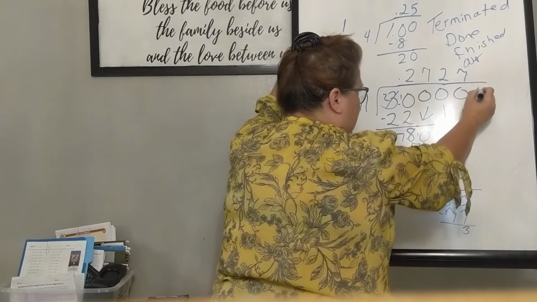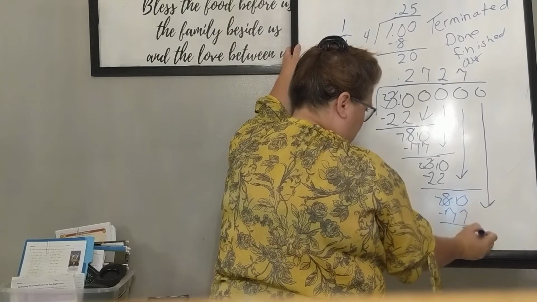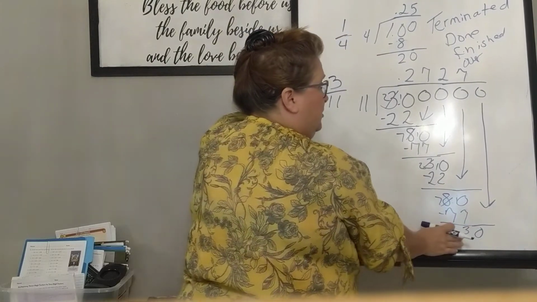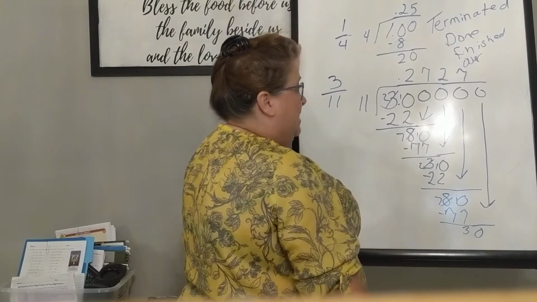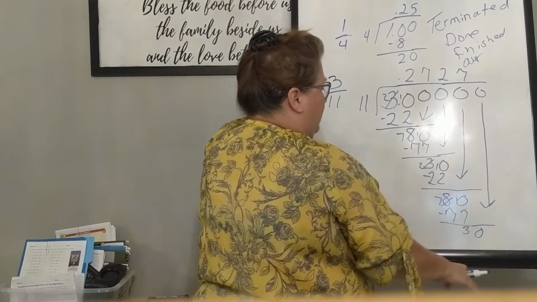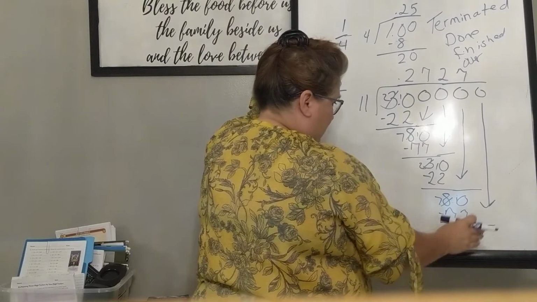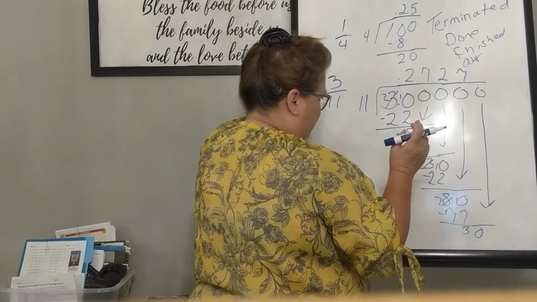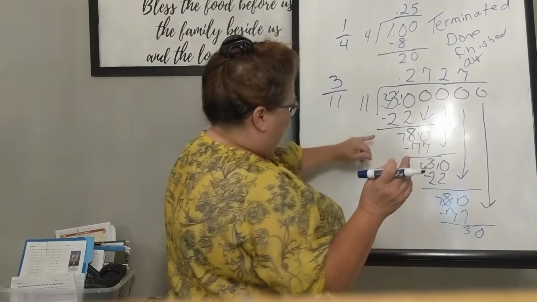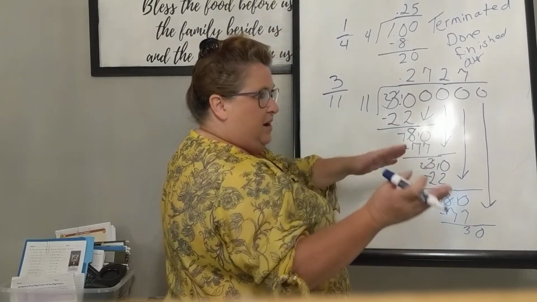We annex another 0. We bring it down. Uh-oh, are we seeing a pattern here? We're back to 30 again. So in this decimal, we could keep going on and on, dividing into 30, dividing into 80, dividing into 30, dividing into 80.